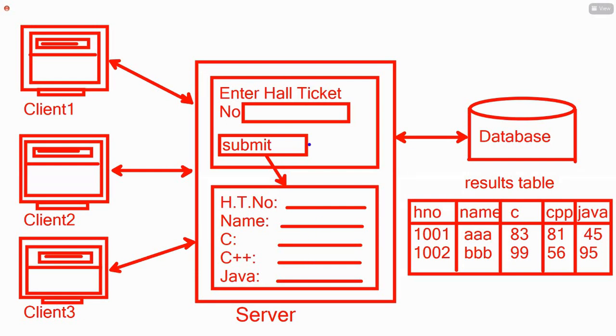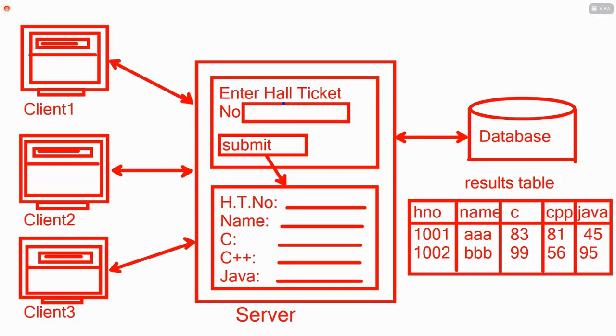So this page is common to all users, but this page is specific to user. If it is common to all users, it is called static. If it is specific to user, it is dynamic.